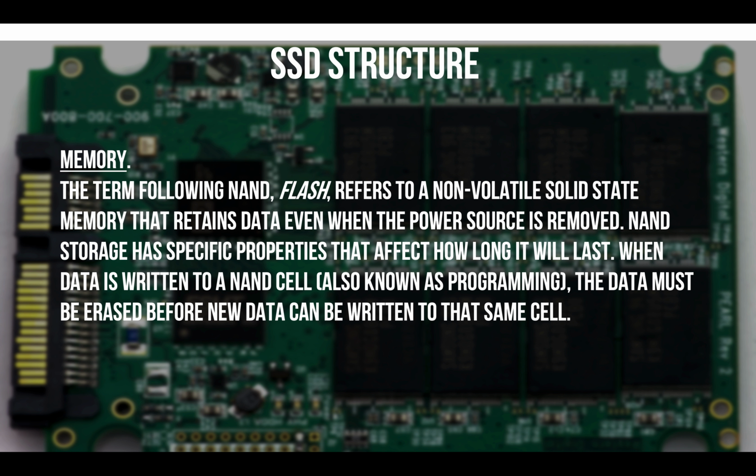NAND flash components have structures called pages and blocks. The term NAND flash refers to a non-volatile solid-state memory that retains data even when the power source is removed. NAND storage has specific properties that affect how long it will last. When data is written to a NAND cell, also known as programming, the data must be erased before new data can be written to that same cell.